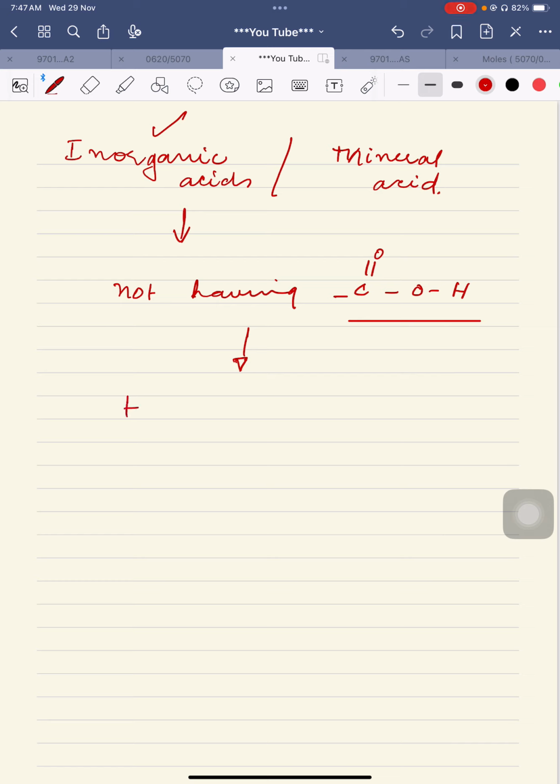Examples of inorganic acids are HCl, HNO3, H3PO4, and H2SO4, etc.